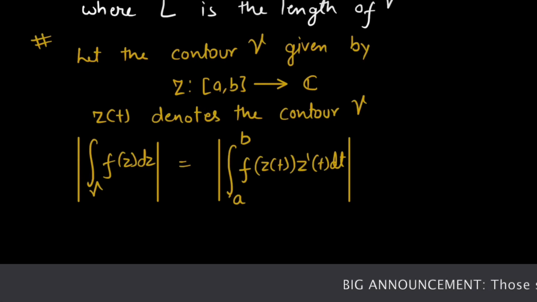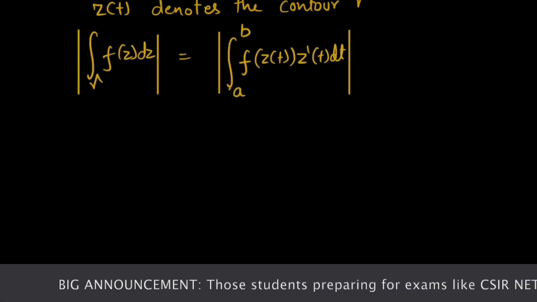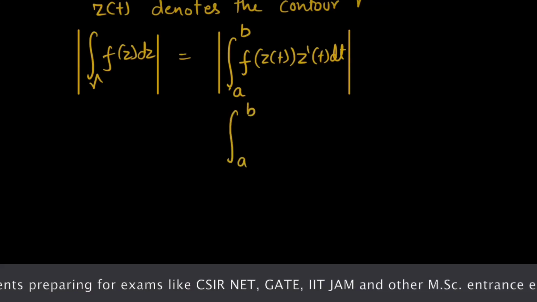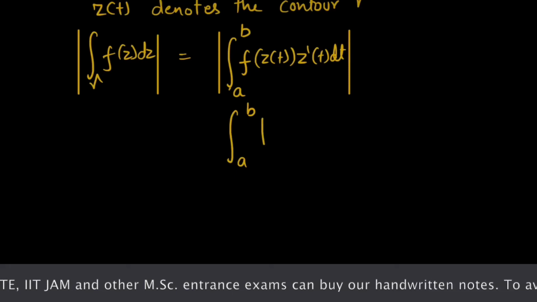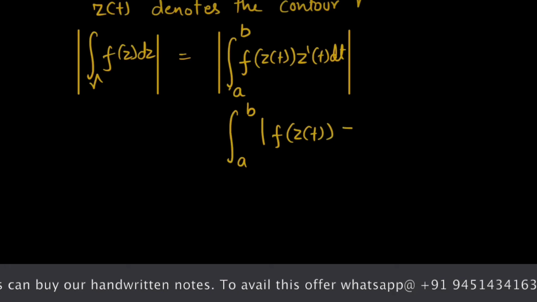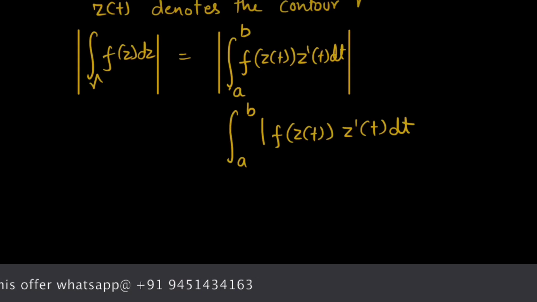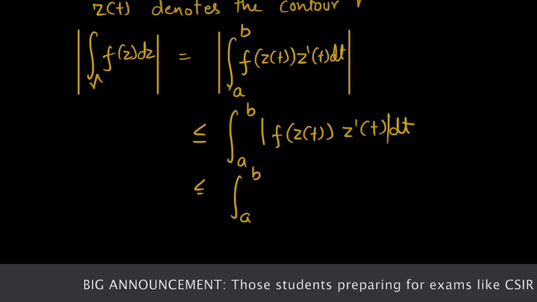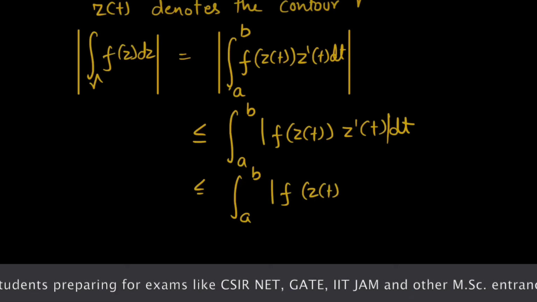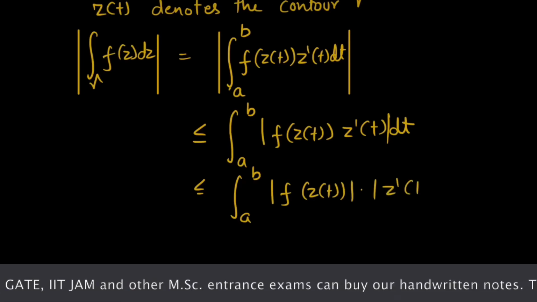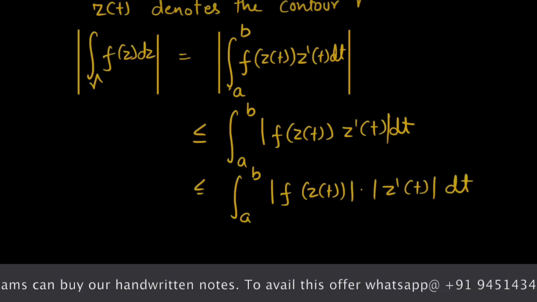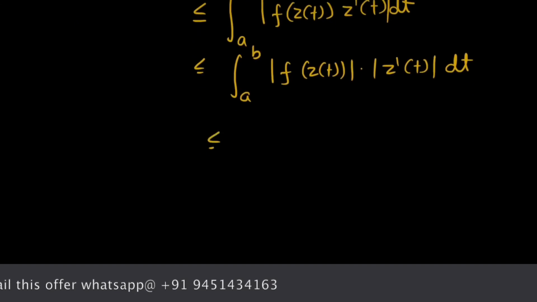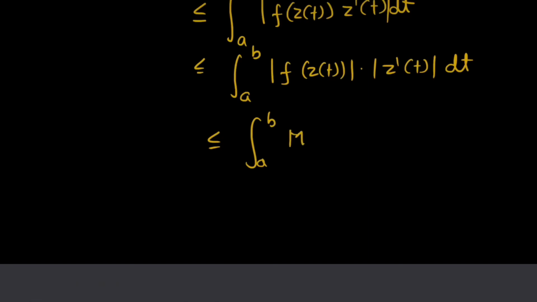Now, taking this modulus sign inside the integration sign, we have the integral from a to b of the modulus of f(z(t)) times z prime t dt, and due to this the equality changes into an inequality. Now, using the property of modulus, we have the integral from a to b of the modulus of f(z(t)) times the modulus of z prime t dt.